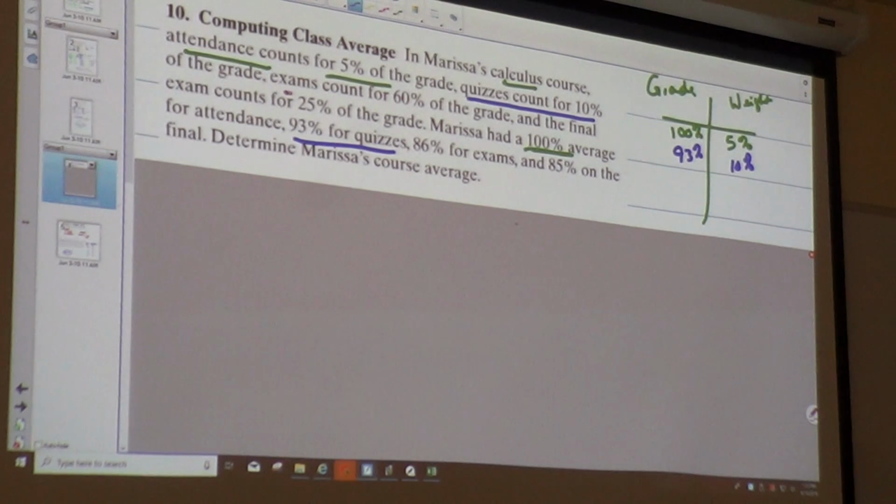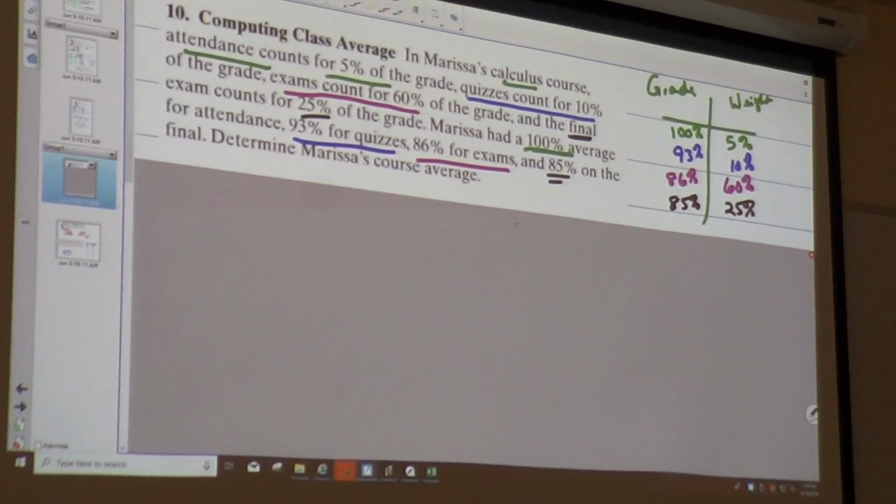And then exams are 60%, and we made an 86 on our exams.